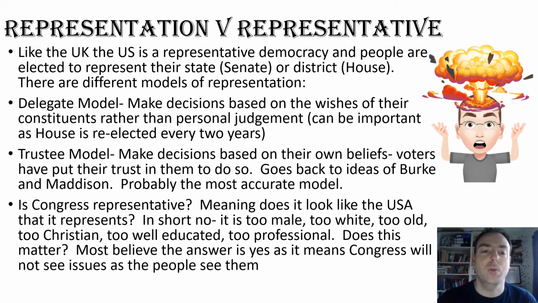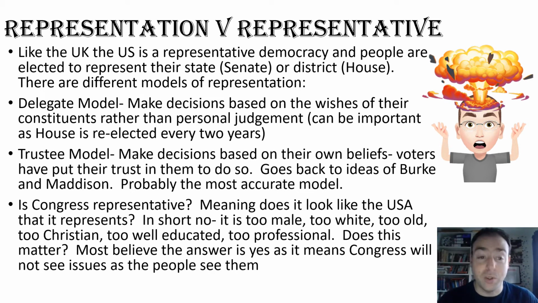Now there are different models of representation. These apply both in the UK and in the US. There's the delegate model, and the idea of this is that a member of Congress would make decisions based on the wishes of their constituents rather than on their personal judgments. The delegate role can play quite an important role in the House in particular, where they're re-elected every 2 years.